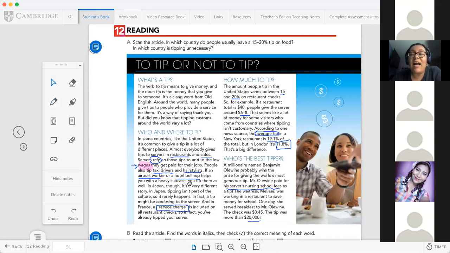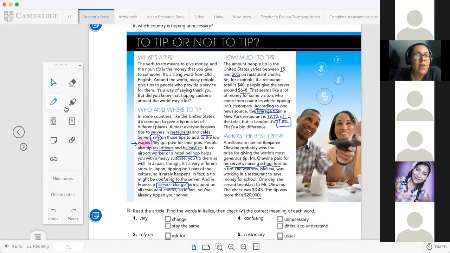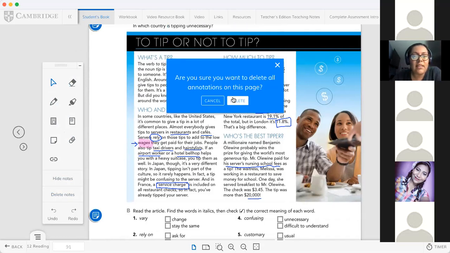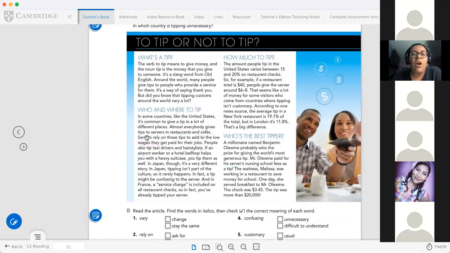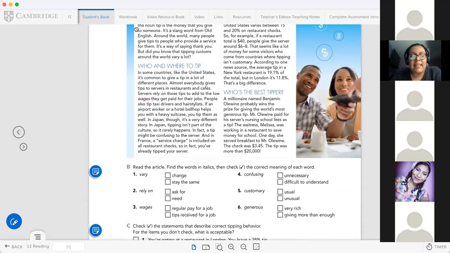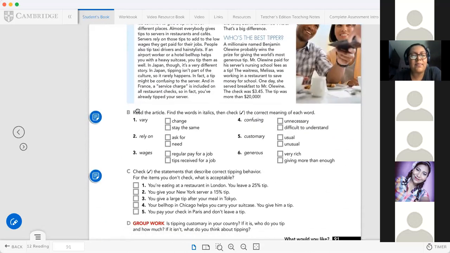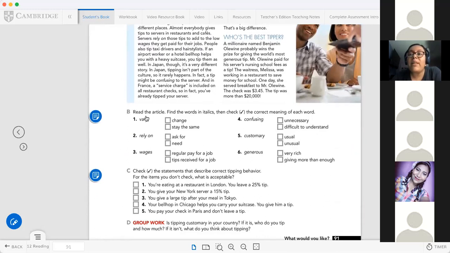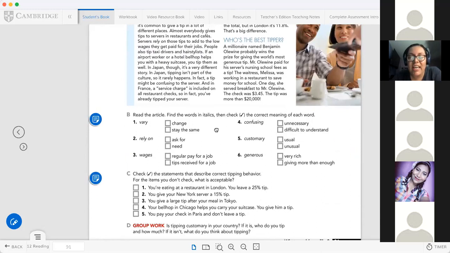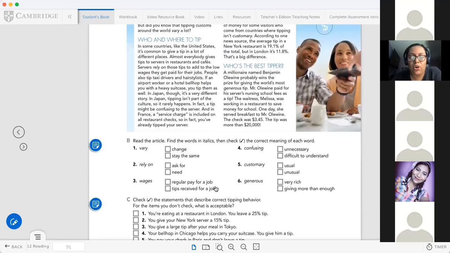All right, babies. So that was the text. And now let me erase everything. Yes, delete. Thank you. Okay, let's see. So we have exercise B. Read the article, find the words in italics, then check the correct meaning of each word.